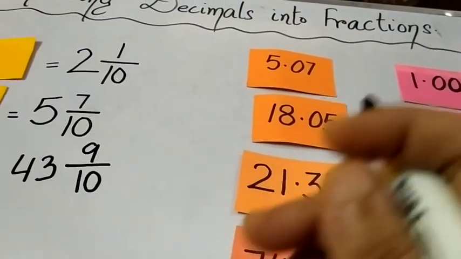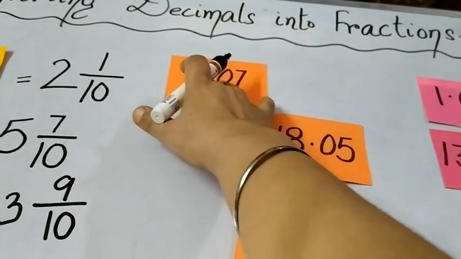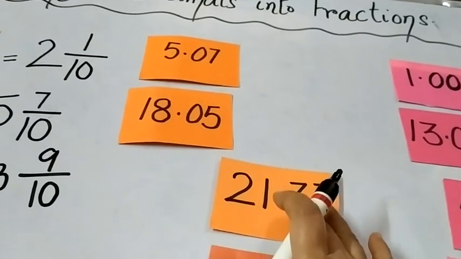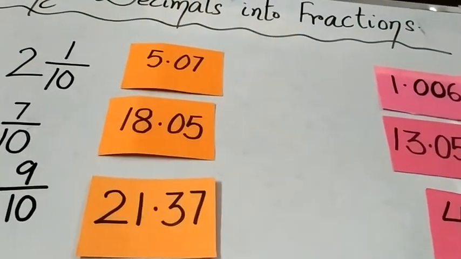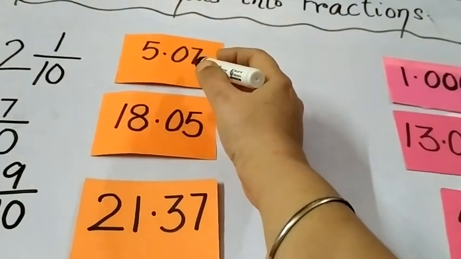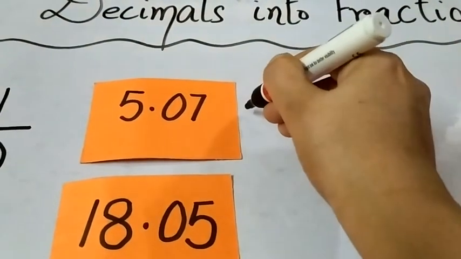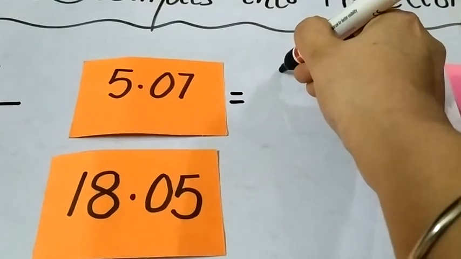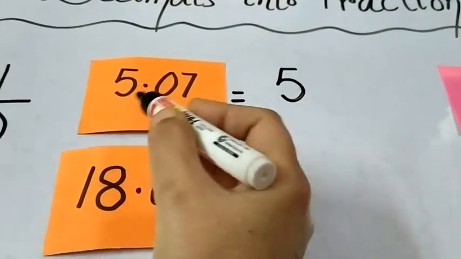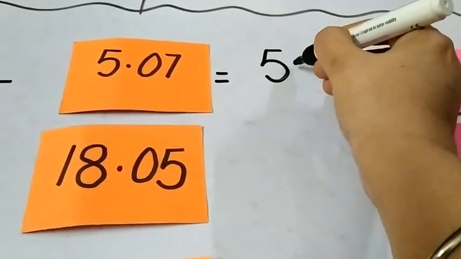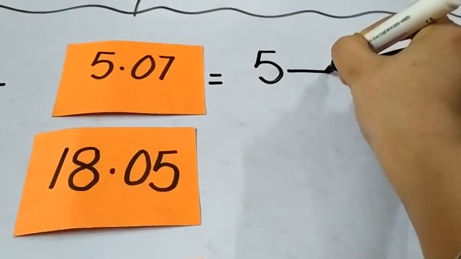Okay. Now let's start solving these numbers having 2 digits after the decimal. So 5.07. So 5 is my whole number. So I will write it like this. 5 as a whole number. Decimal means start writing fraction. So I'll start writing fraction.